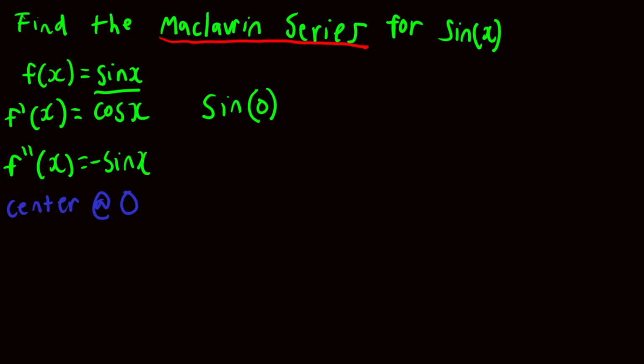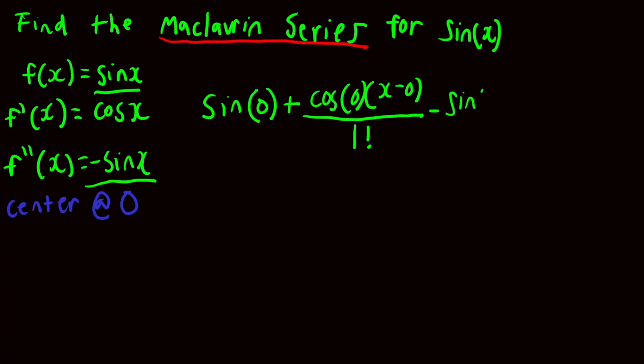I'll just keep it as sine of 0, and then plus take our first derivative, so cosine. You plug in 0, and then it'll just be x minus 0 over 1 factorial. And same thing, actually this will be a minus, right? Because look, this is a minus sign. So minus sine of 0, x minus 0 over 2 factorial, and this is squared.